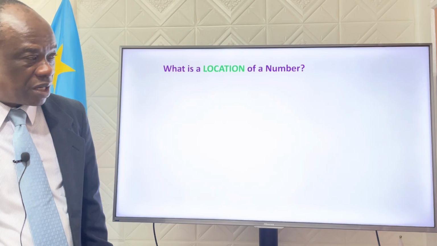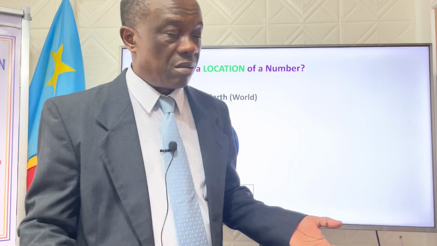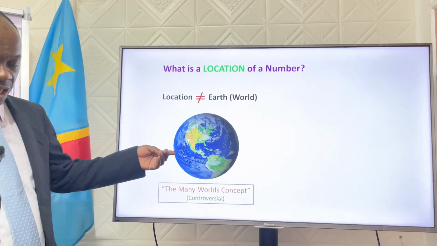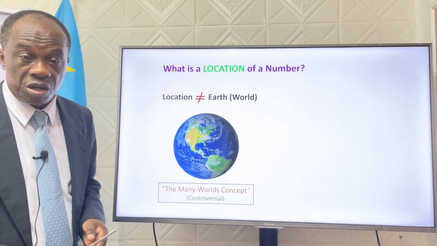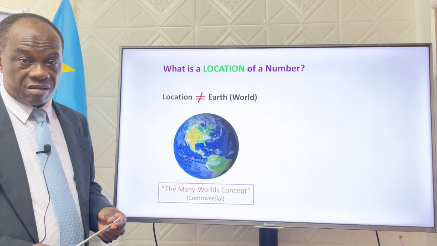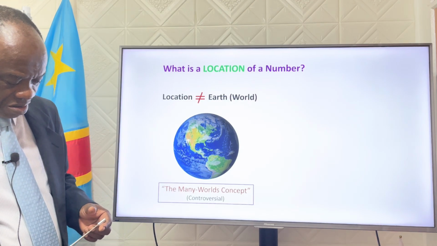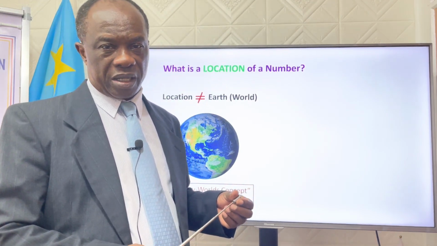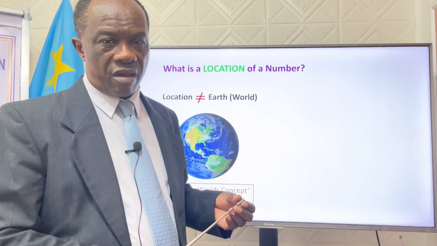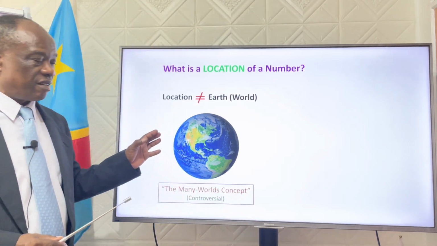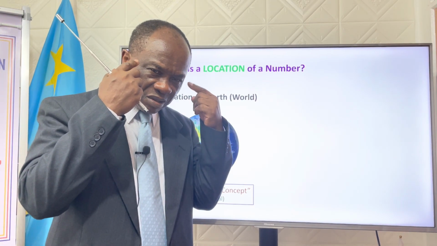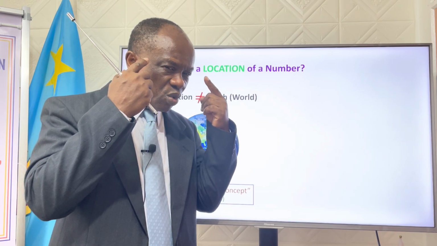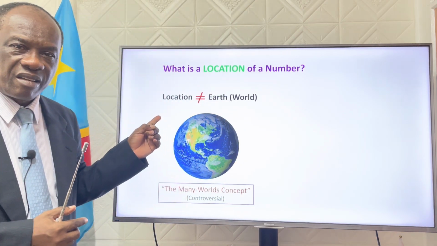we are going to explain a little bit what is the location of a number. We have this controversy going on in physics about what you call the many worlds. Many worlds is so much misinterpreted. Everett, who came up with this idea, he had a very good feeling about this.